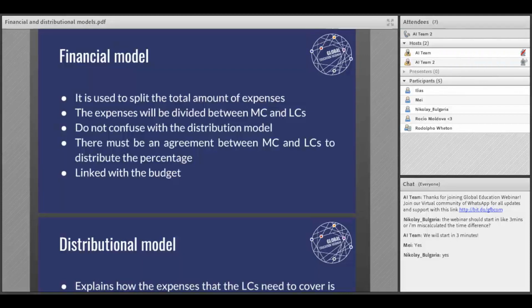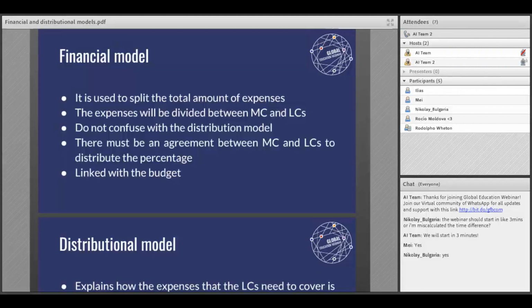So we have the concept of a financial model, so that we'll know how much the split of total expenses would be between MC and LCs, so that in terms of the revenue generation, it will still be sustainable. There must also be an agreement between MC and LCs to distribute the percentage.